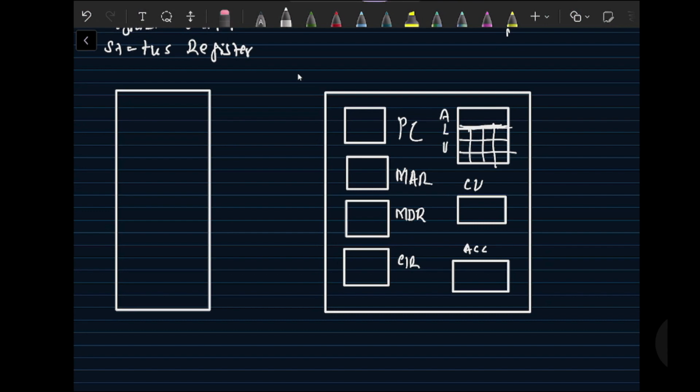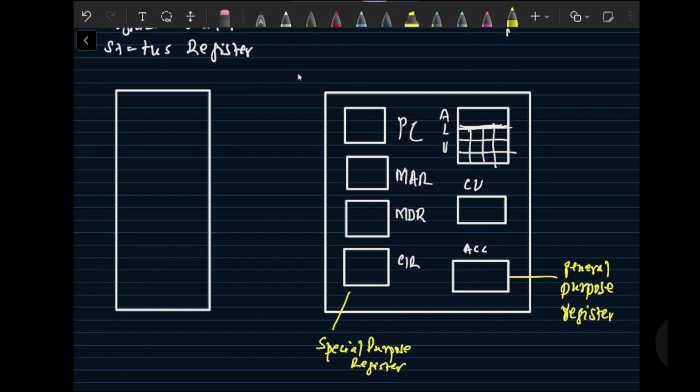And these are the special purpose registers, and there is only one general purpose register. All right.